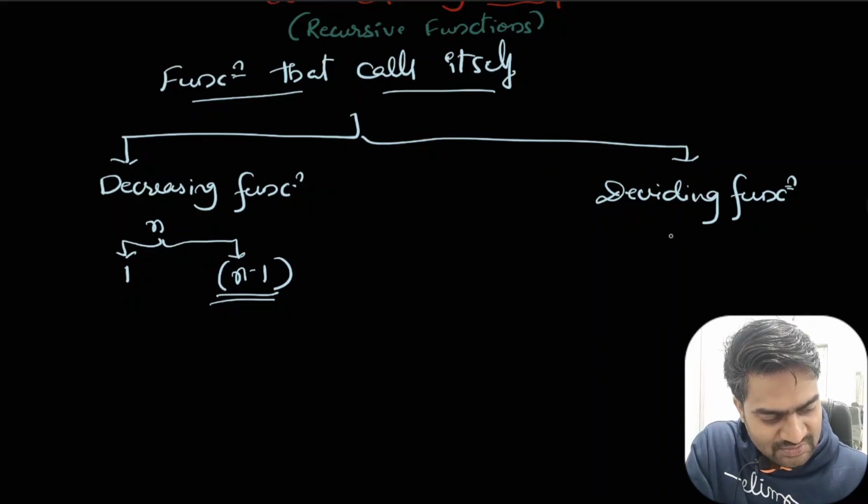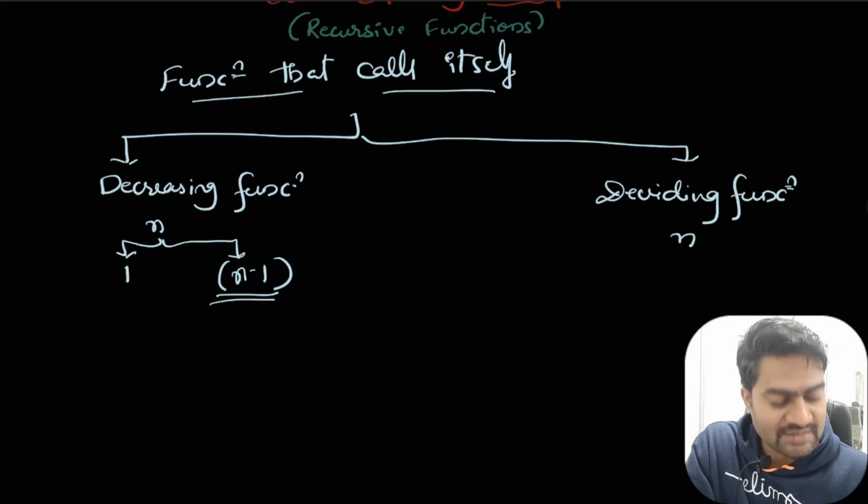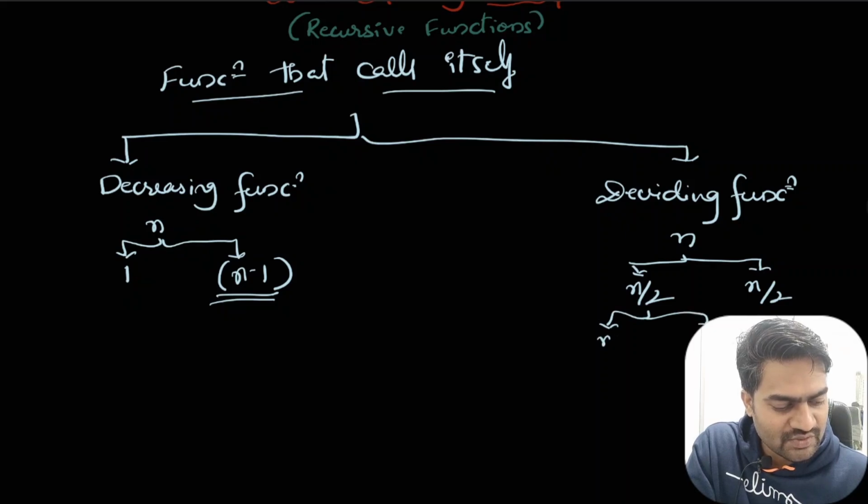Let us assume there is a function of n, there are n items, and we divide them in half, n by 2 and n by 2. Again each gets divided by 2, so we will solve n by 4, n by 4, and again n by 4, n by 4.